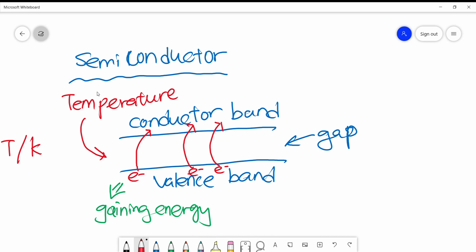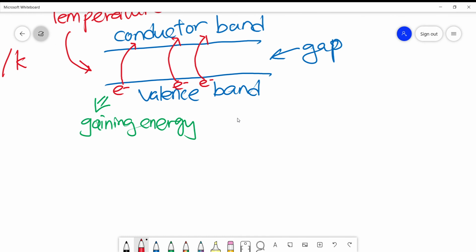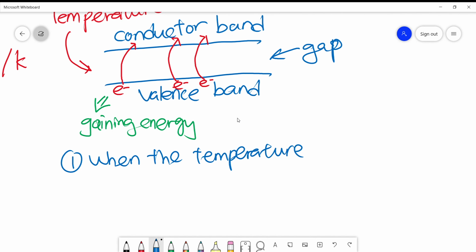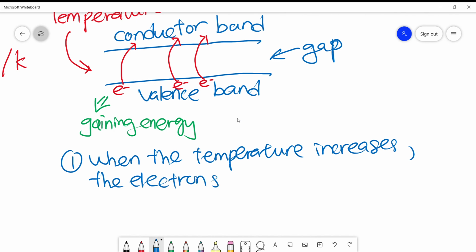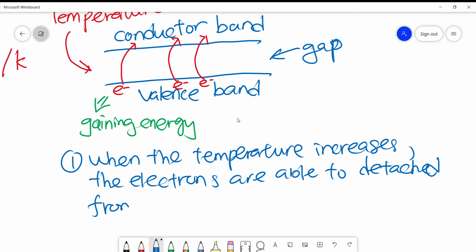So let me just write it in terms of a sentence. When the temperature increases, the electrons are able to detach from the weak bonding with the lattice atoms.